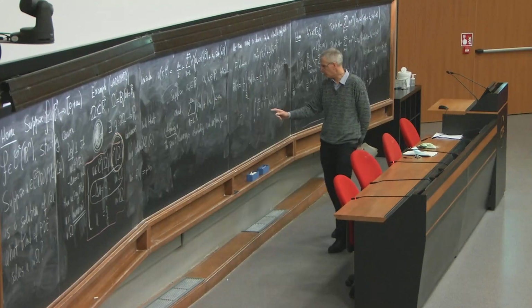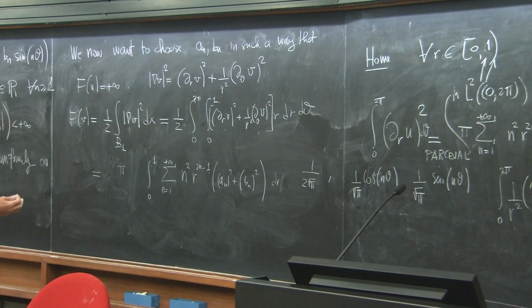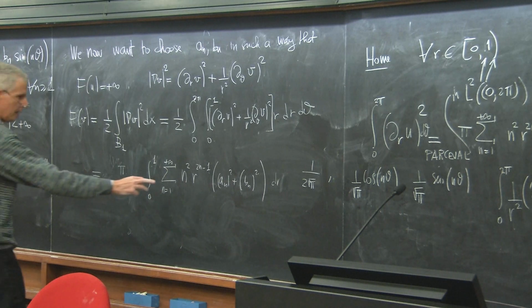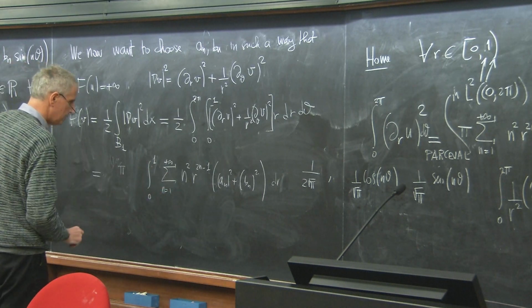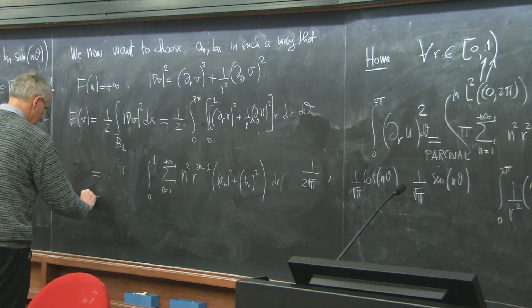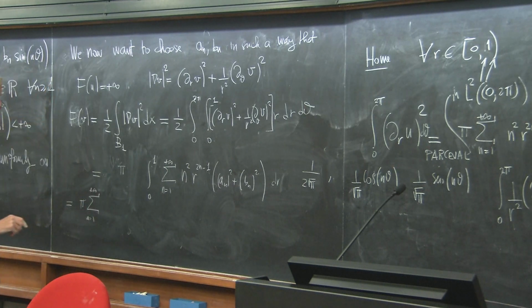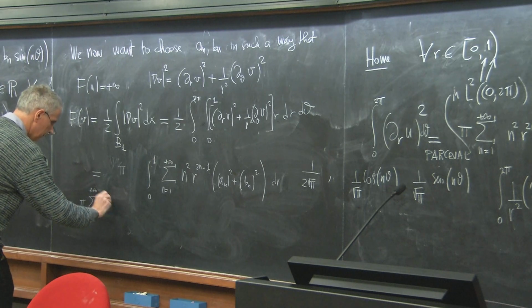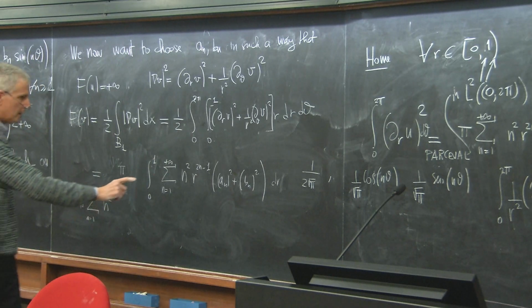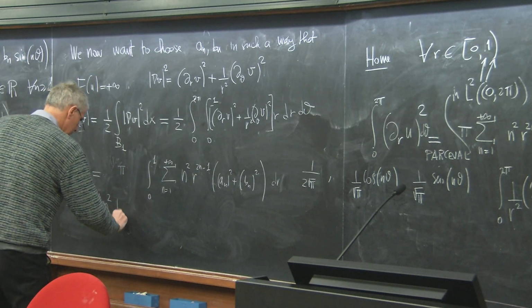So let us compute this quantity. So this is what I have. So n squared is outside, the series is outside, everything is outside. Pi is there, so this is equal to what? It is pi, the sum, n squared. Now you have to integrate this, so there is 1 over 2n.